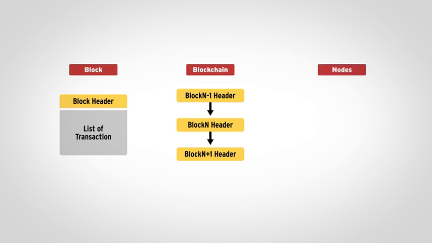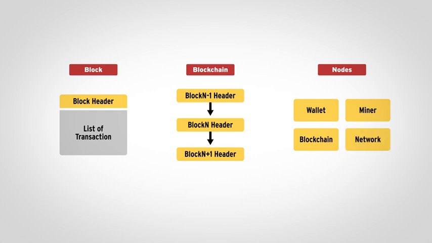Any node in a Bitcoin implementation has 4 components. The first is the wallet. The second is the blockchain, which is the distributed ledger. The third is the miner, which is trying to discover the hash. And the fourth is the network. This is the piece of software that does the peer-to-peer communication with other Bitcoin nodes.